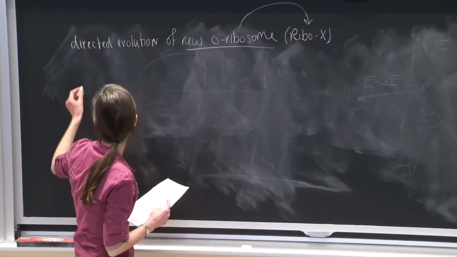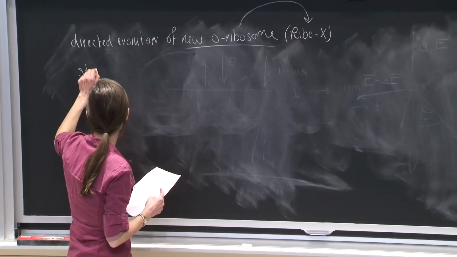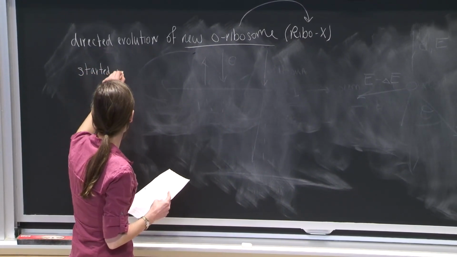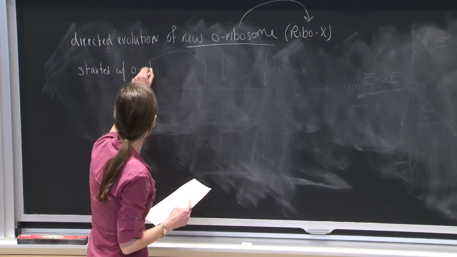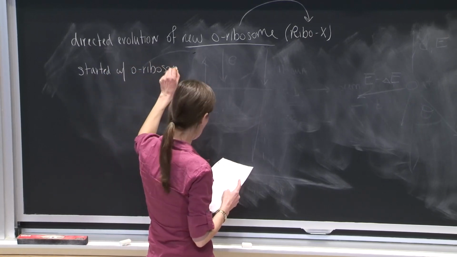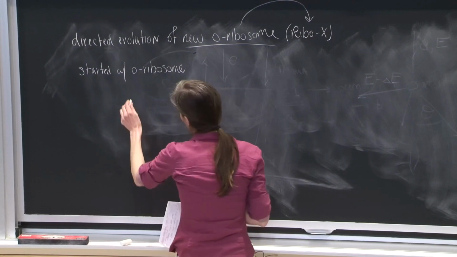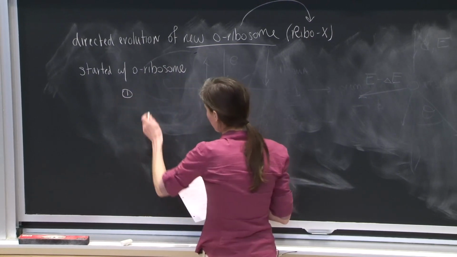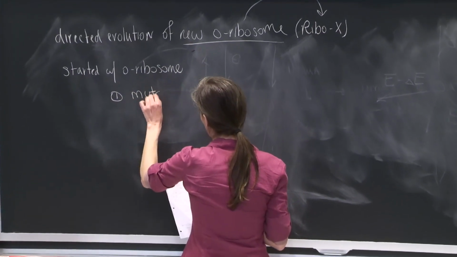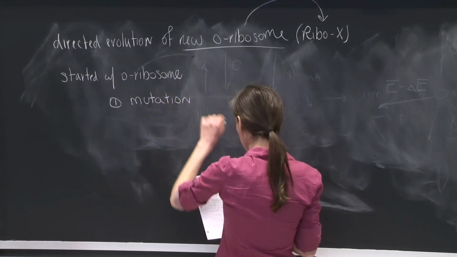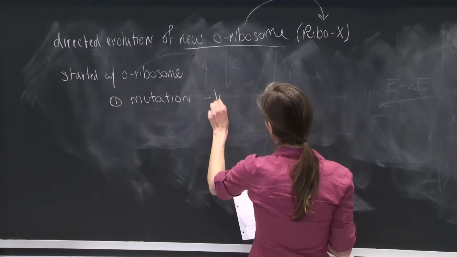And so what did they do? They started with the orthogonal ribosome. The first step is that there needs to be some mutation to the ribosome, so libraries of mutants.